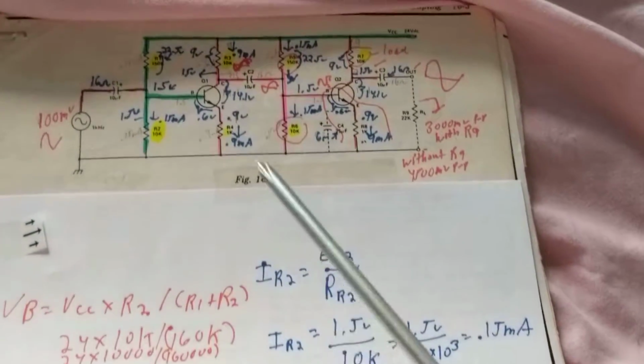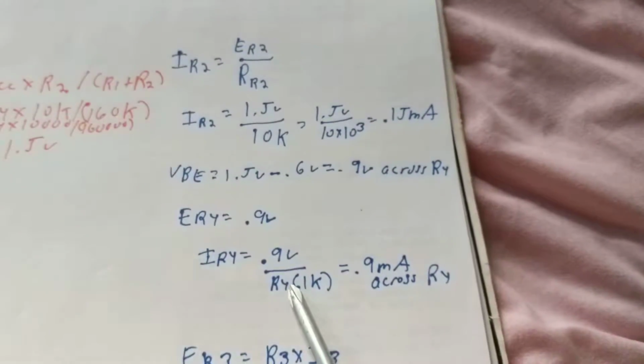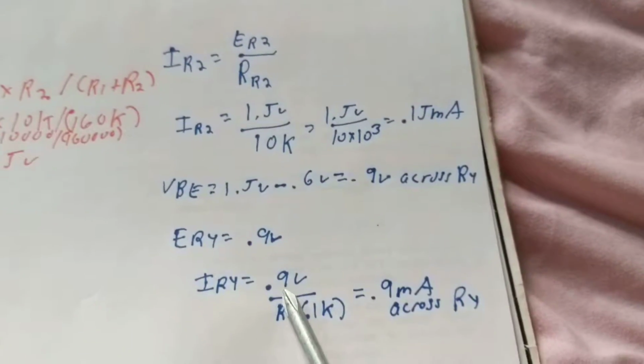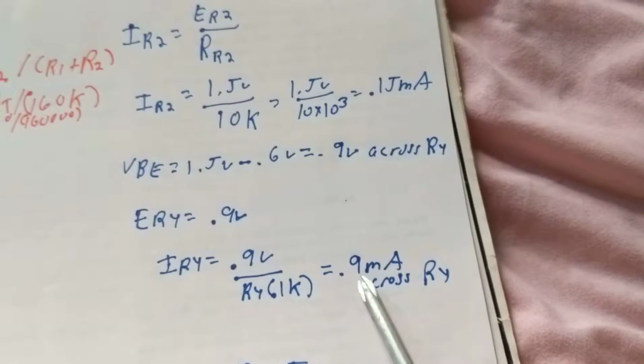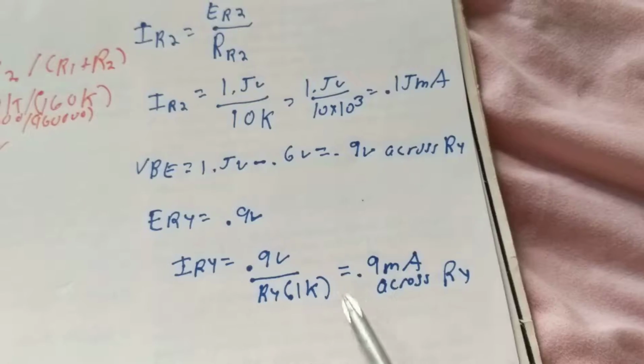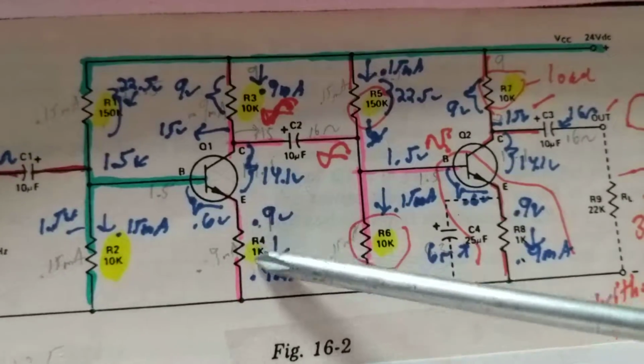Now, R4, 0.9 volts, we just said, is across it after the forward bias. The value of R4 was 1K. That gives us 0.9 milliamps across R4. Ohm's law tells us 0.9 milliamps goes through this resistor.